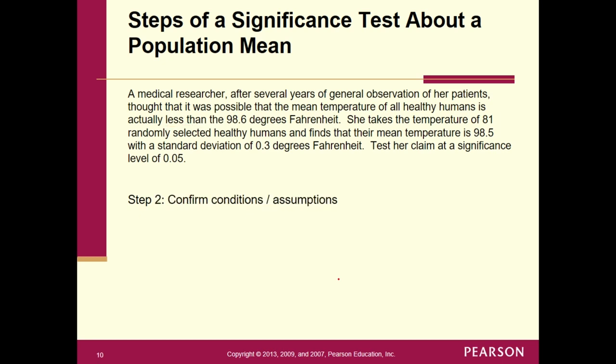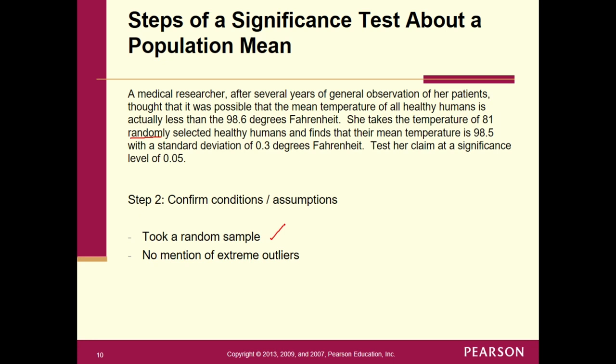Step 2, confirm the conditions, or assumptions. Let's see here. She takes the temperature of 81 randomly selected healthy humans, so a random sample was taken, check mark. There's no mention of extreme outliers in the problem.